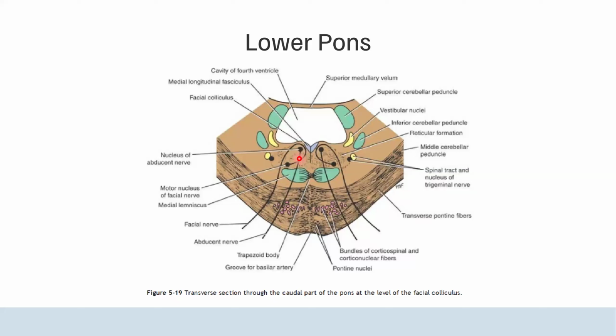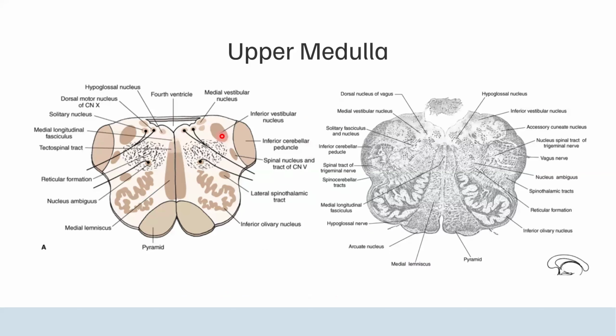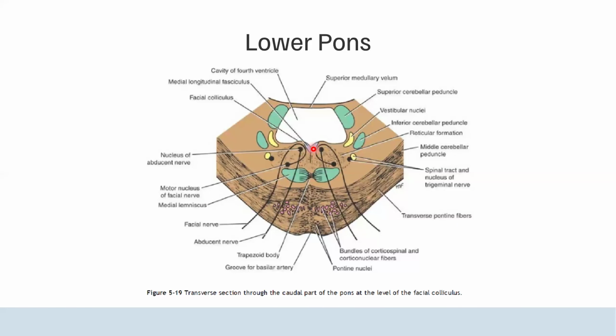Our medial longitudinal fasciculus, our MLF, is going to continue in order for it to carry those signals. Remember, it carried them from what? From the eighth. So it's going to go starting where the eighth starts, and it's going to go up all the way to our third cranial nerve. So the medial longitudinal fasciculus is still here, right dead center.